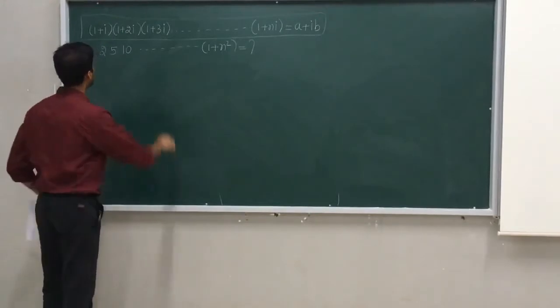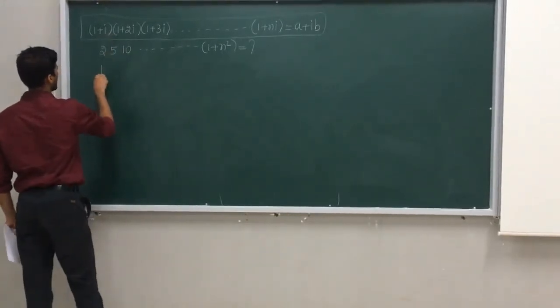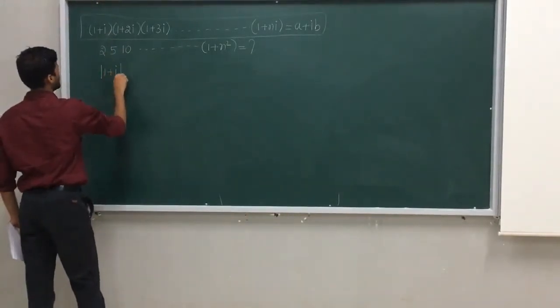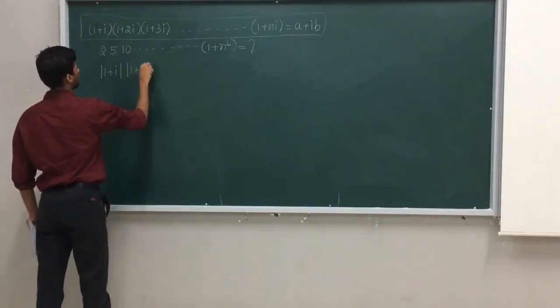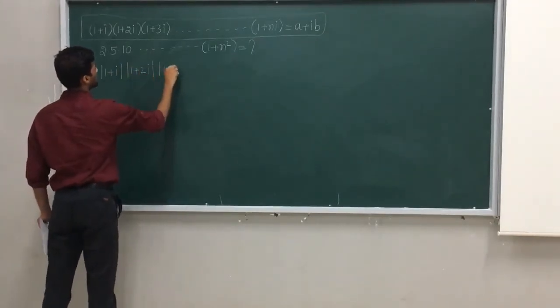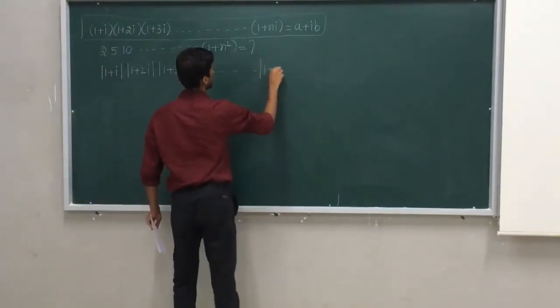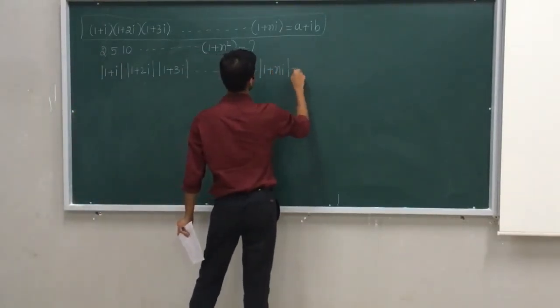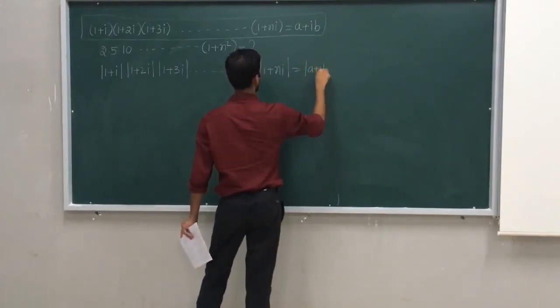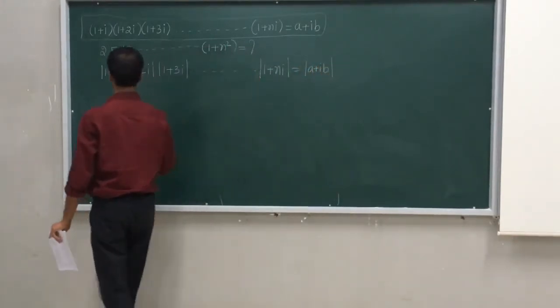So what will I do? In the given question, I will apply mod. So I take mod of 1 plus i, mod of 1 plus 2i, mod of 1 plus 3i, up to mod of 1 plus ni, is equal to mod of a plus ib. So what is the mod of this?